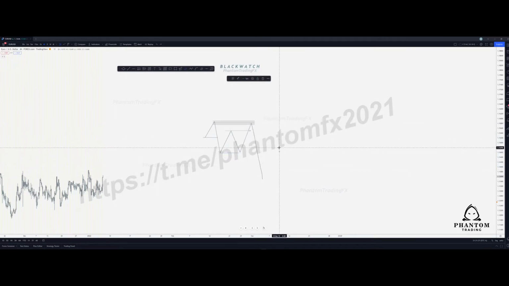So that's something that you have to keep in mind, right? The lower high or the higher low is not confirmed until the expectational order flow plays out, right?